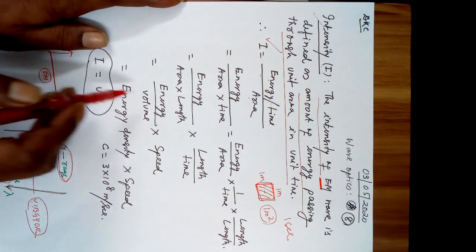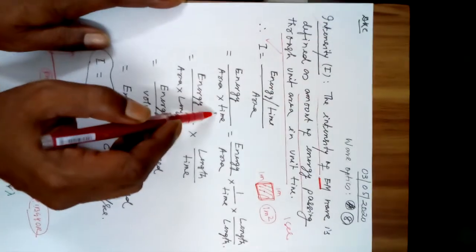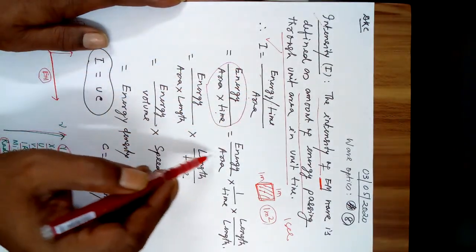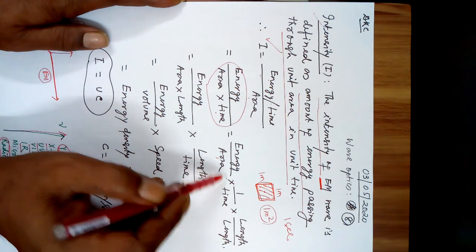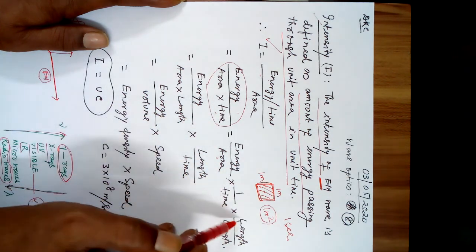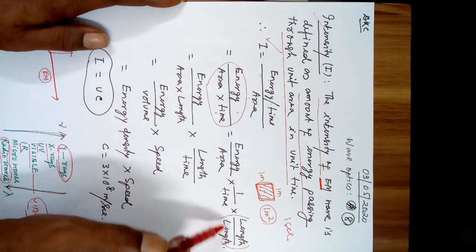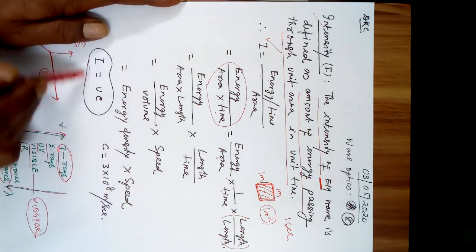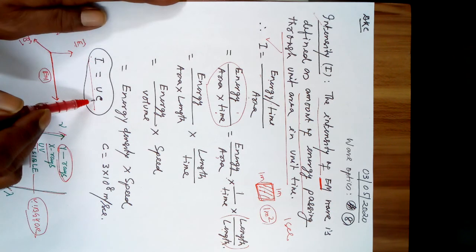So how to rewrite this? I can bring this time to the denominator. So I rewrite it as energy over area into 1 over T. This I multiply and also divide by length, so I have not made any changes, to arrive at a new formula, that is, intensity is energy density into velocity of electromagnetic wave.